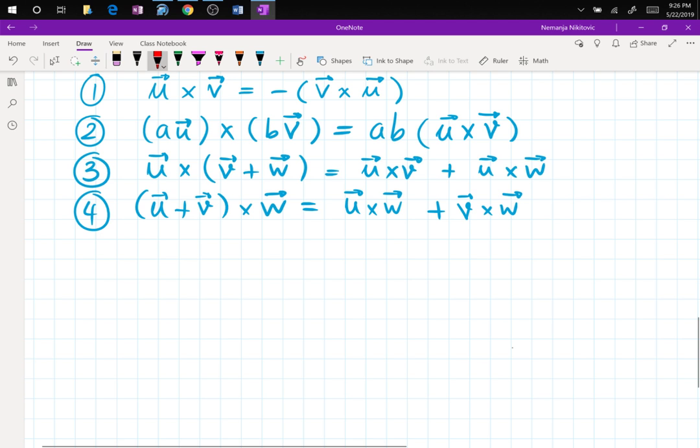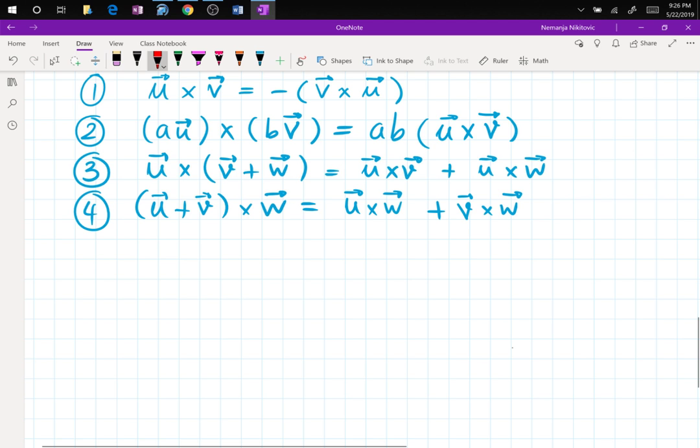You saw me earlier just change the signs on the vector. It's the same magnitude, and it's on the same line, it's just the other way. So U cross V will give you the normal vector on one side of the plane, and V cross U will give you the normal vector on the other side.